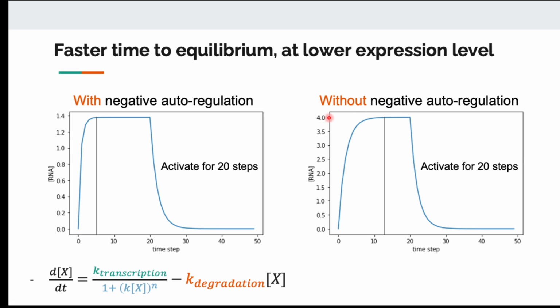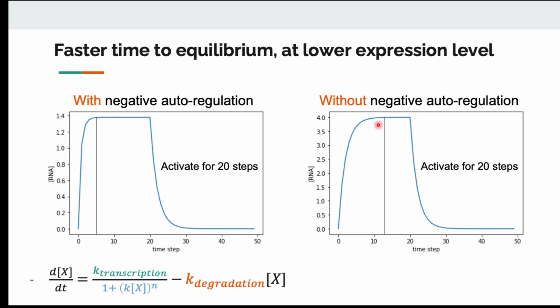For this system, we have 4 RNA molecules. With negative autoregulation, it's going to be lower, right? Because you have negative feedback. So the equilibrium is at 1.4, so the expression is lower. And we might wonder, why do we do this? We even lose the number of RNA at equilibrium.